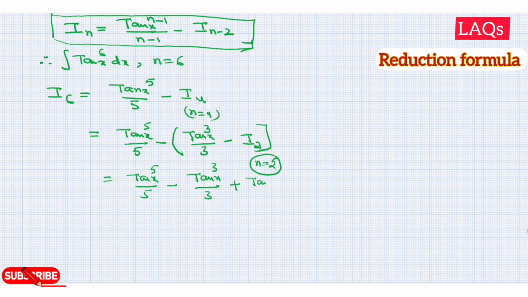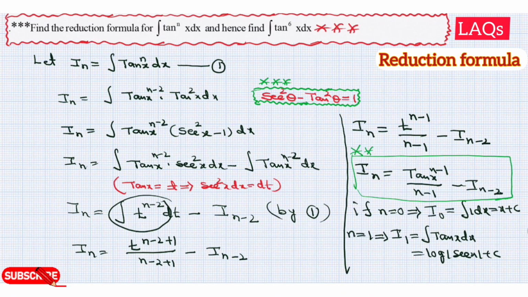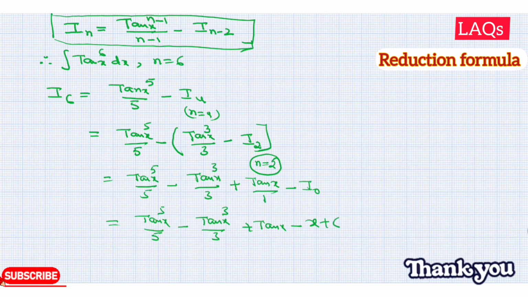Then we get tan x power 2 minus 1, which is tan x by 1, minus I0. So it equals tan x power 5 by 5 minus tan cube x by 3 plus tan x minus I0. The I0 value is x plus c. Substitute here, x plus c. This is I6, which is integration tan x power 6 x dx.